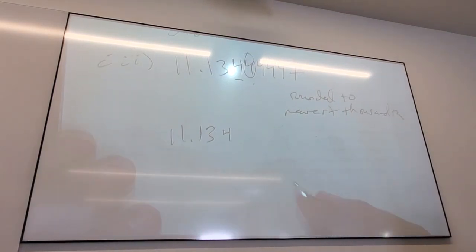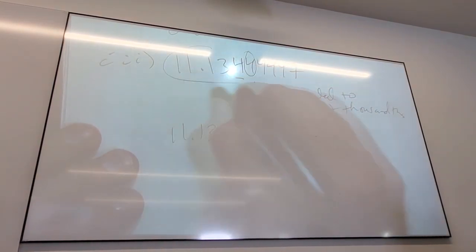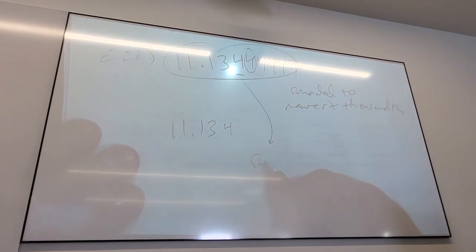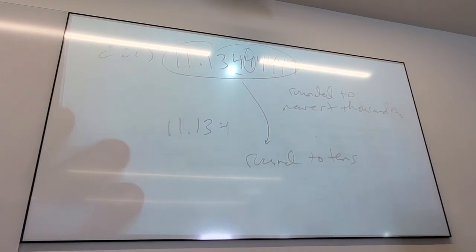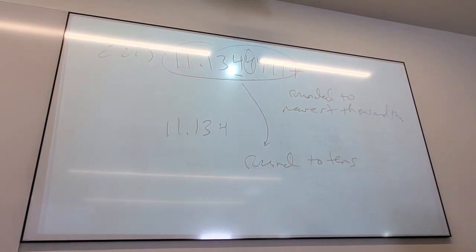How about round this? You ready? The same number, round it to the tens. Oh, careful. Did I say that with the lift? Oh, no, my bad, hold on. Tens, not tenths.